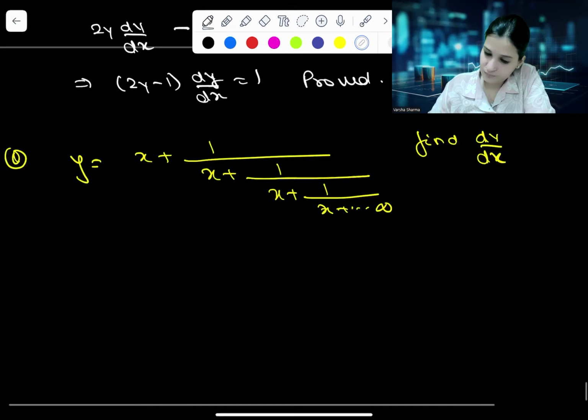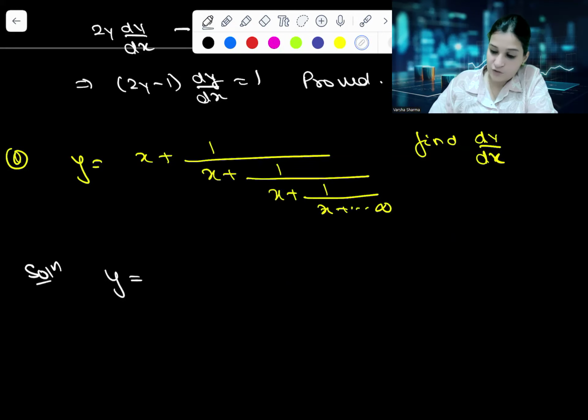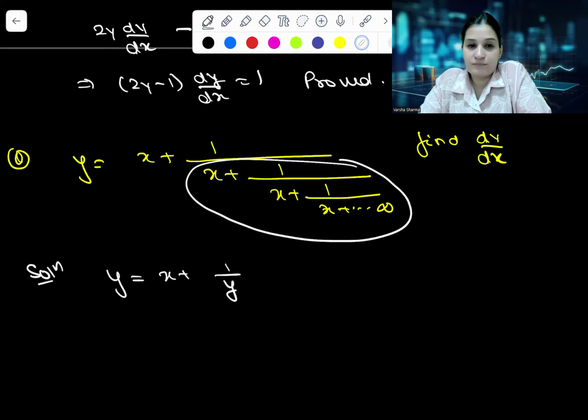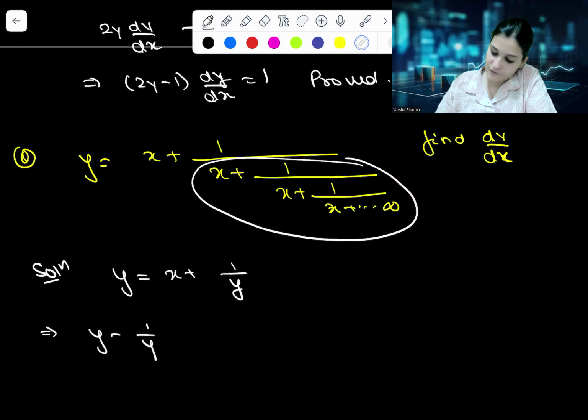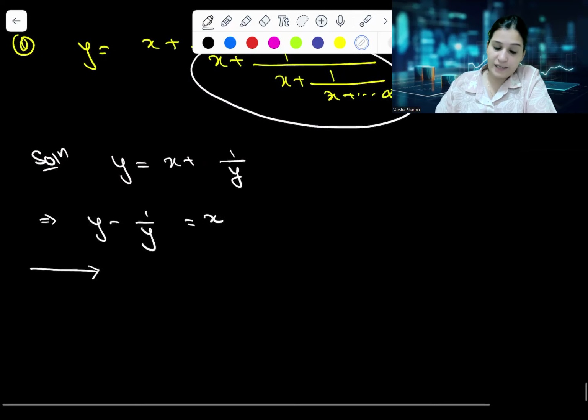Let's see. What did you do? Ma'am, I took 1 by x plus, the whole infinity, as x plus 1 by y. So this particular form is again the same pattern, x plus 1 by x plus 1 by, so I can write that as y. Bringing the y's on one side, let's differentiate both sides with respect to x.